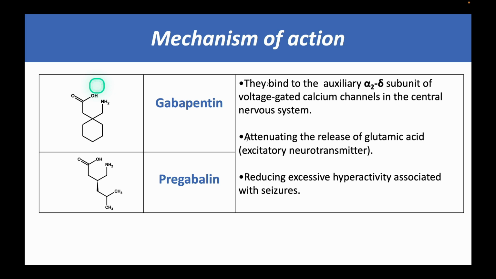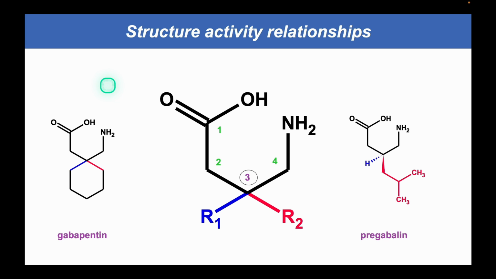In this way, the 2 drugs owe their activity to binding to the alpha-2 delta subunit of voltage-gated calcium channels, attenuating the release of glutamic acid, an excitatory neurotransmitter, thus reducing excessive hyperactivity associated with seizures.